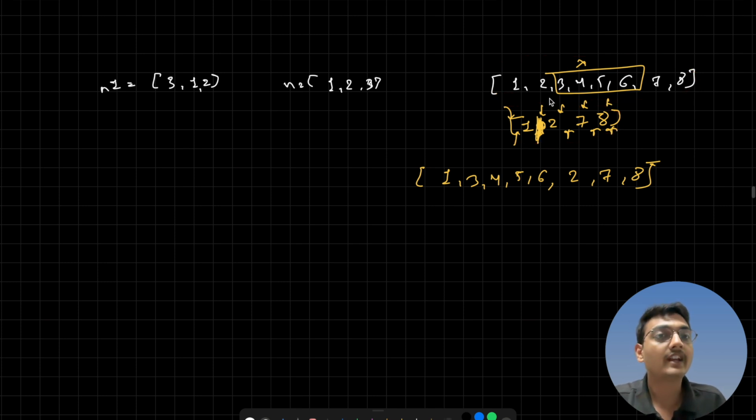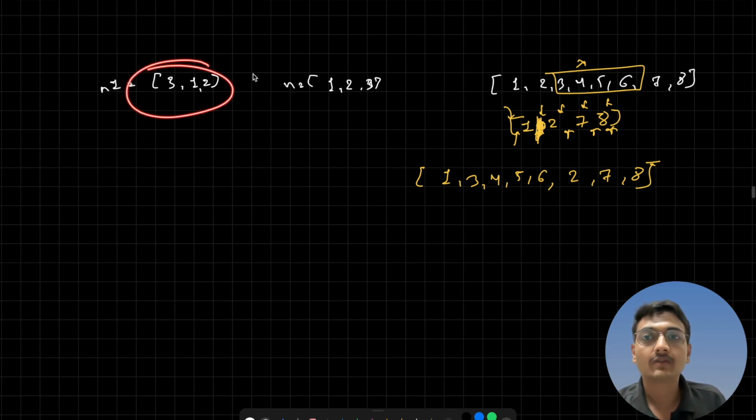But what I need to find is the minimum number of these operations. There is no limit on which subarray you can select, and no limit on how many times you can do it. But you need to find the minimum number of operations required to convert nums1 to nums2.